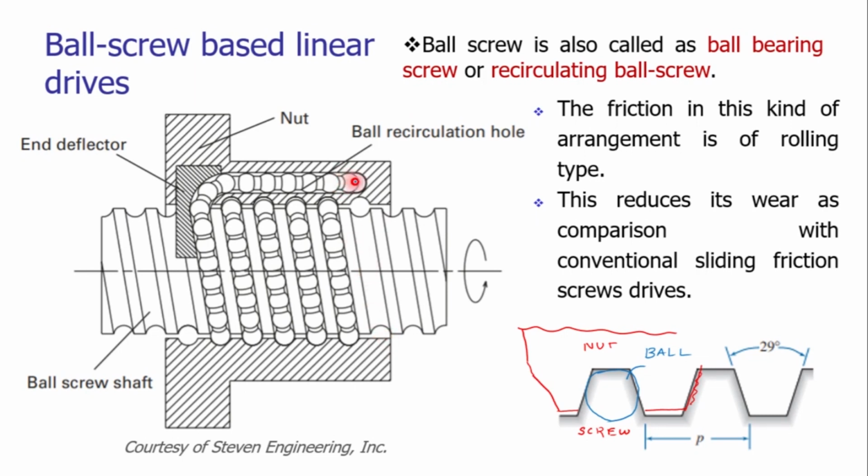So here you can see the passage will be there on the circumference, and through this circumferential passage the balls will be put back inside the gap of the screw and the nut. So in this way, the rolling balls are transmitting the motion from the rotating screw to the translating nut, and they are again getting engaged in the operation.